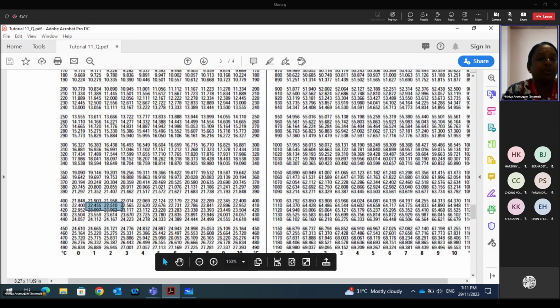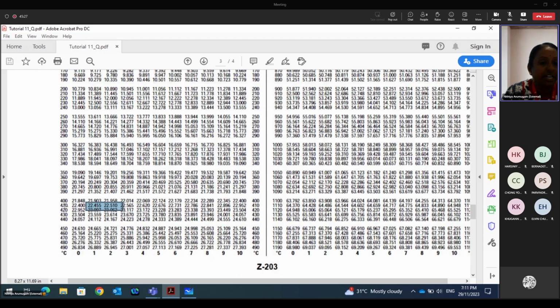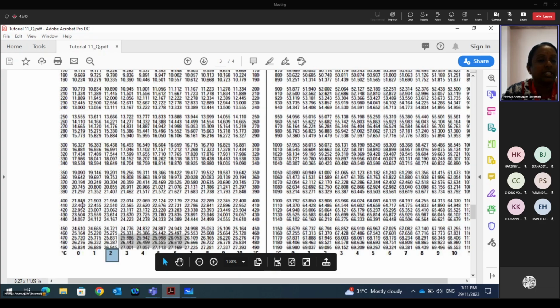Now, how to read the temperature for this? The temperature for the value 22.455 is actually 410 plus 1, so this is 411. And for 22.510, it is 410 plus 2, so it is actually 412.